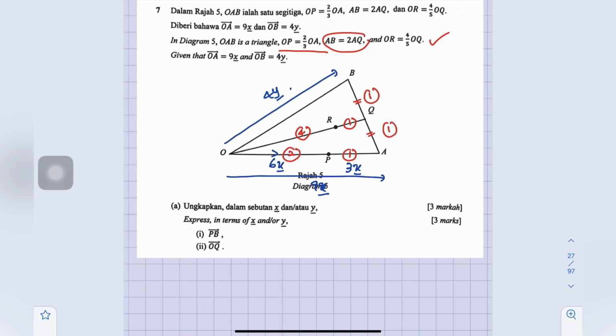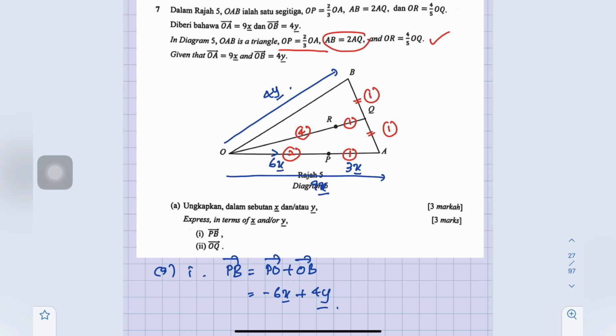Okay, so for (a), find vector PB. We must write the triangle law of vector. So PB is PO plus OB. PO is in the opposite direction, so negative 6x plus 4y.